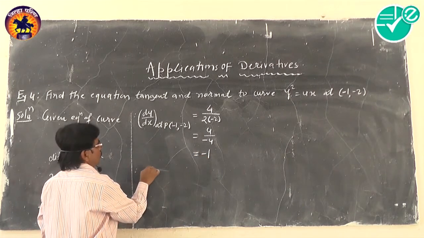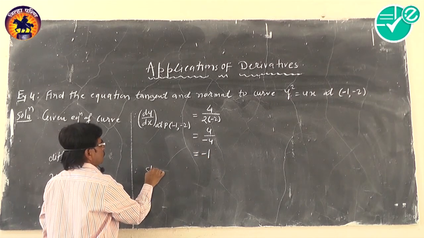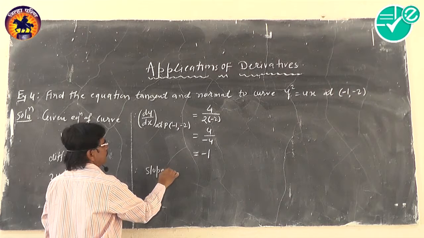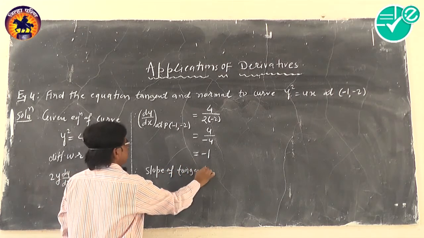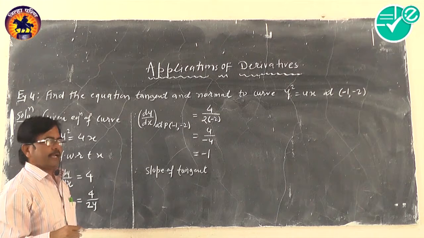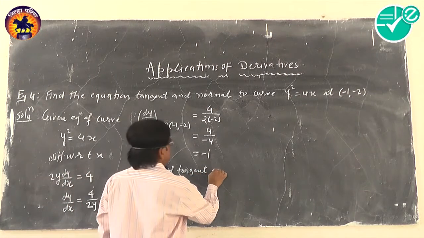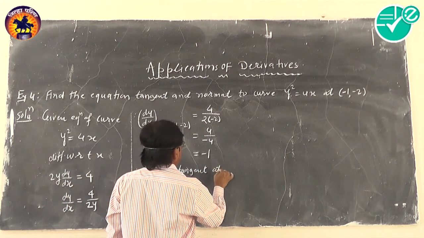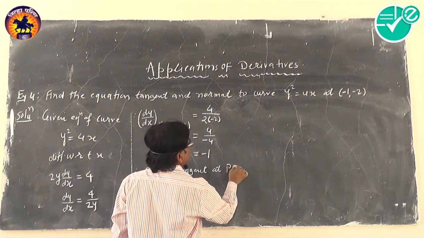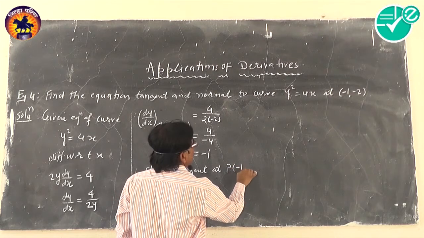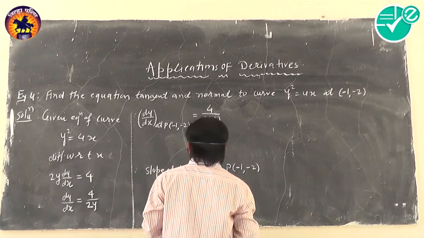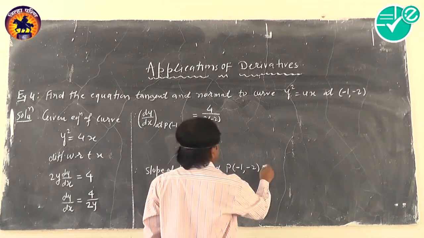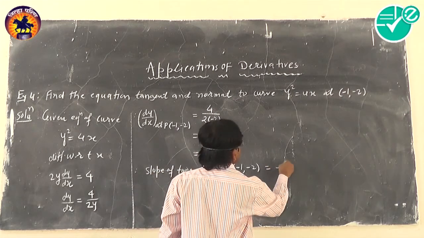Therefore the slope of tangent at P(minus 1, minus 2) is equal to minus 1.